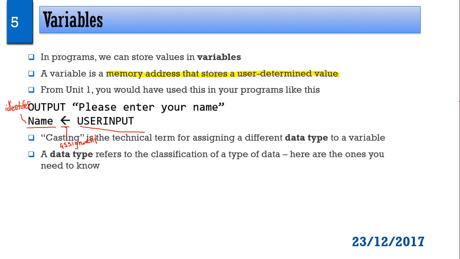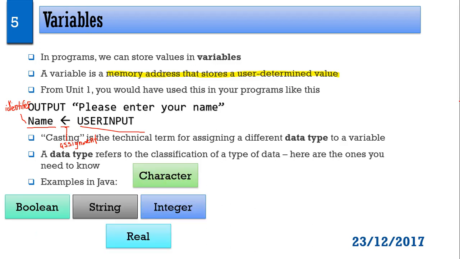Data type refers to the classification of a type of data, which is self-explanatory. The ones that you need to know about, we've got examples in Java as well, are characters, booleans, strings, integers, and reals. Something you'll need to know is that a real is also called a float. That's how we refer to it in Python at least.